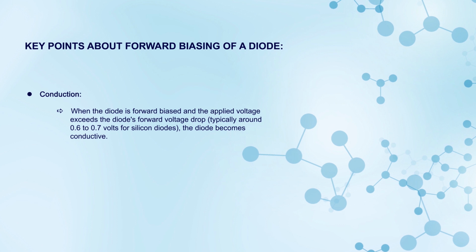That means it becomes a conductor from a semiconductor. It allows the current to flow from anode to cathode. Now, the current starts flowing from the anode to the cathode, allowing the diode to conduct electricity. So, once the current starts flowing from anode to cathode, the diode conducts current and electricity flows through it.